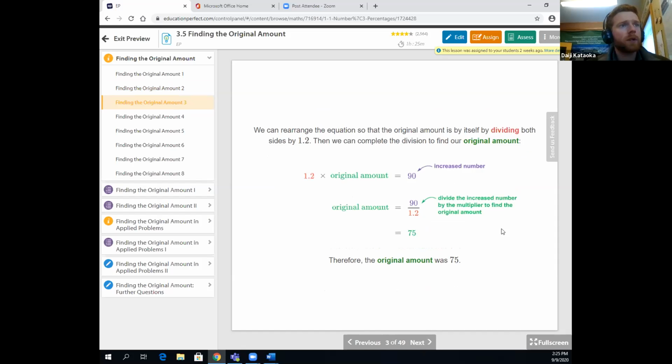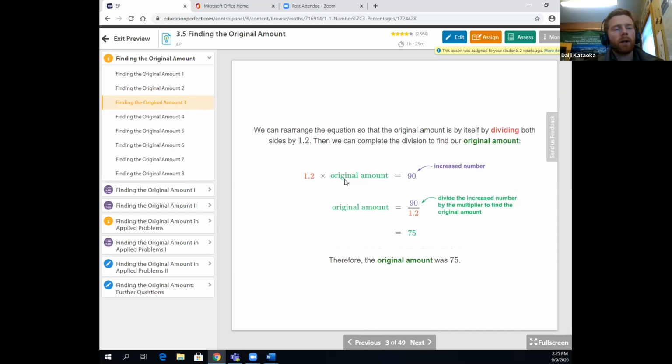We can rearrange the equation so that the original amount is by itself by dividing both sides by 1.2. Okay, this is a little bit of maths. Algebra here. There's an unknown. The unknown is the original amount. We have an equation. We want to solve this equation to find out what the original amount is.